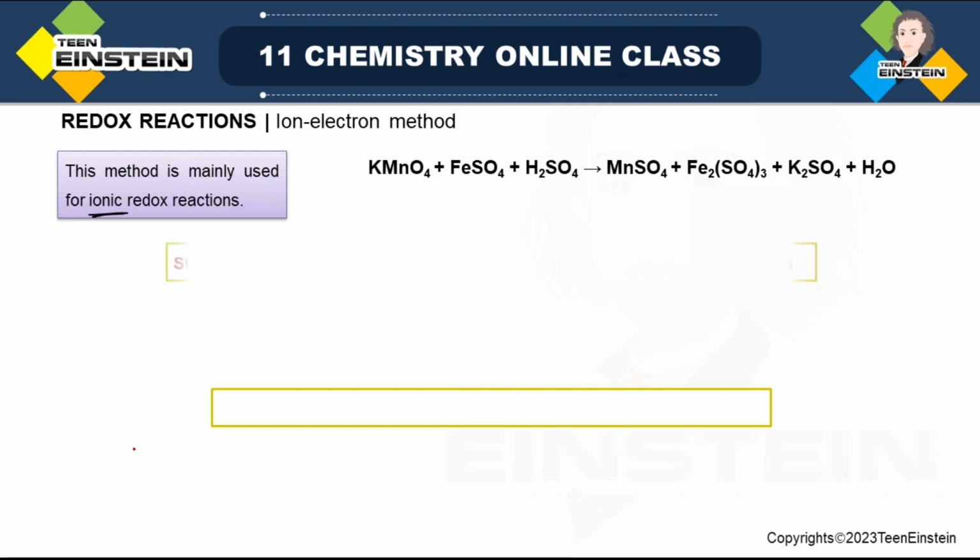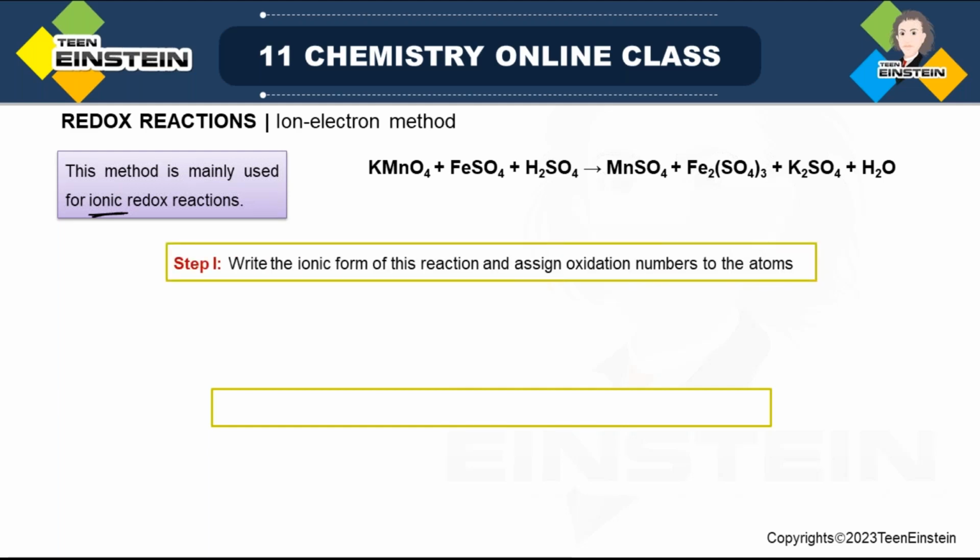But before doing so, the first step you can do is to write the ionic form. Then you assign the oxidation numbers, or you can also assign the oxidation numbers first. So see here, if you remove potassium from KMnO4, it will be MnO4⁻, then FeSO4, ferrous sulfate, and here it is ferric sulfate.